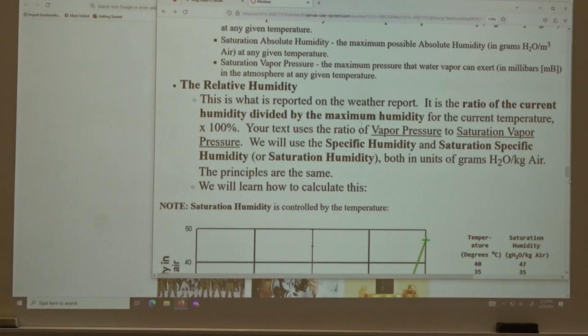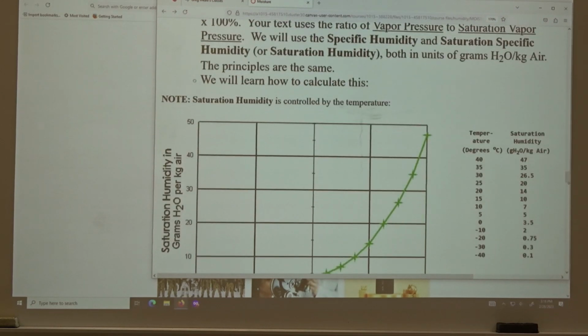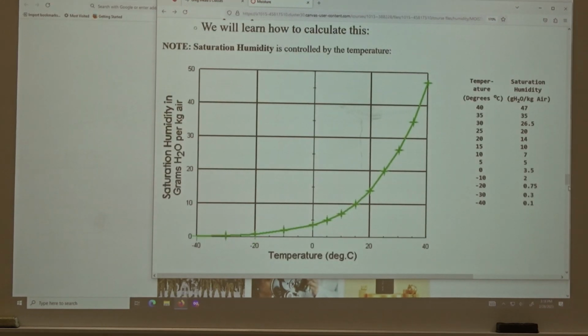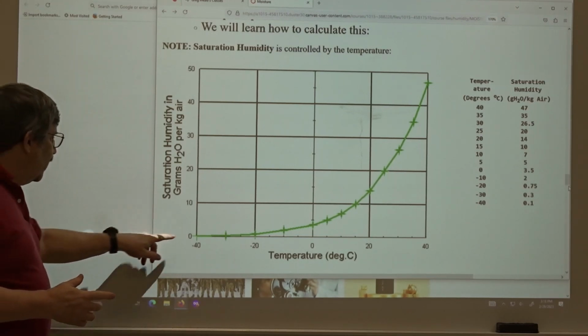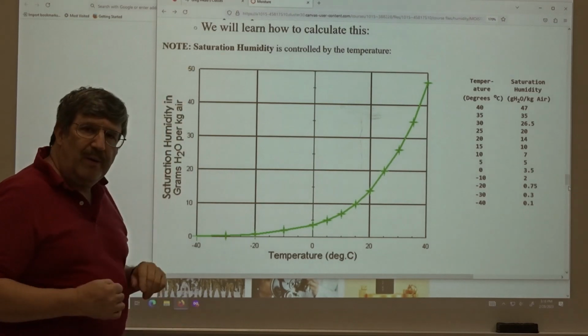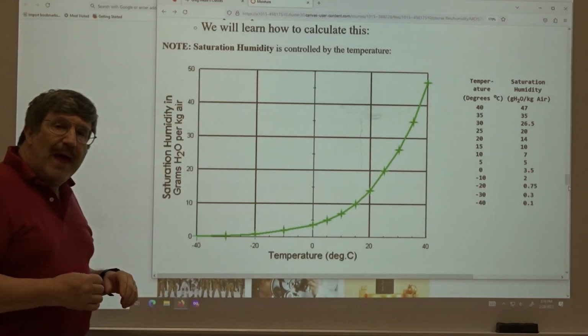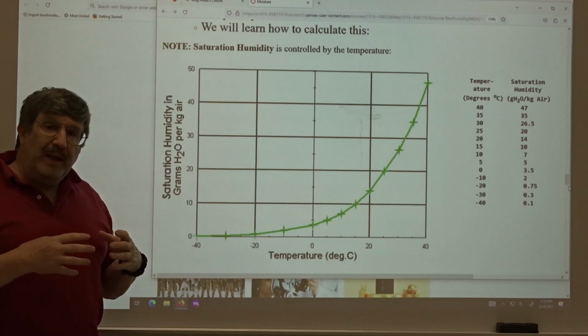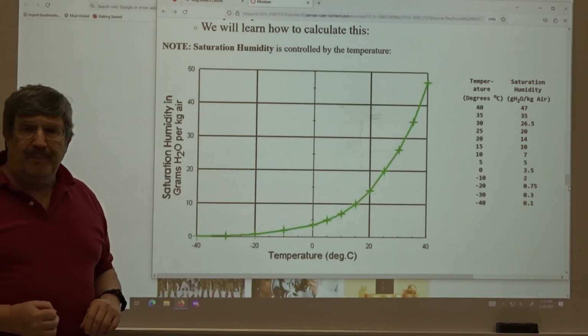So when we look at our graph, if we want to use a particular specific humidity, that is something that's going to have to be given to you in the problem.